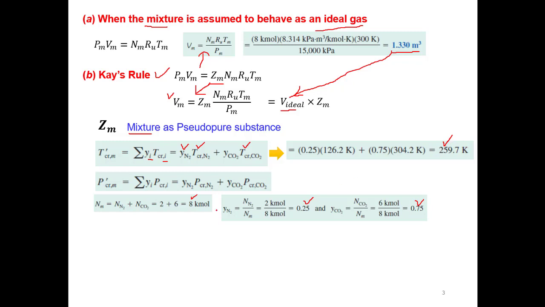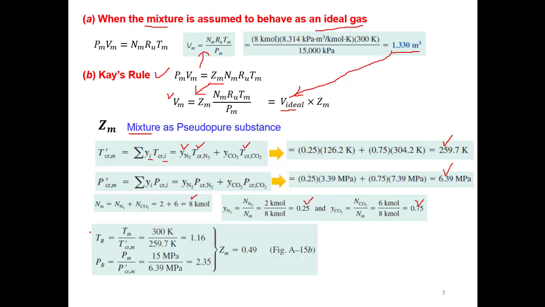Similarly, we can get the critical pressure of the mixture by putting all the values in the equation. Once we have the critical temperature and critical pressure of the mixture, we can calculate the reduced temperature and the reduced pressure for the mixture.